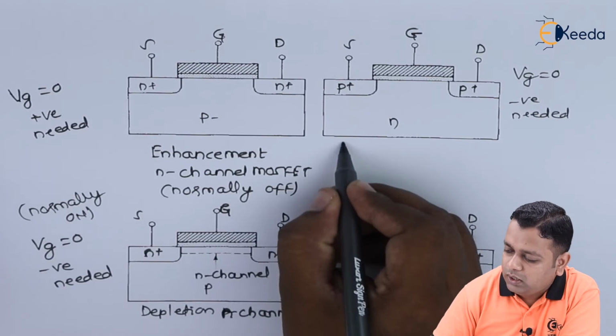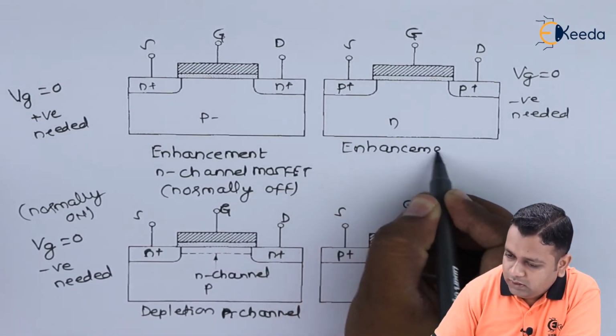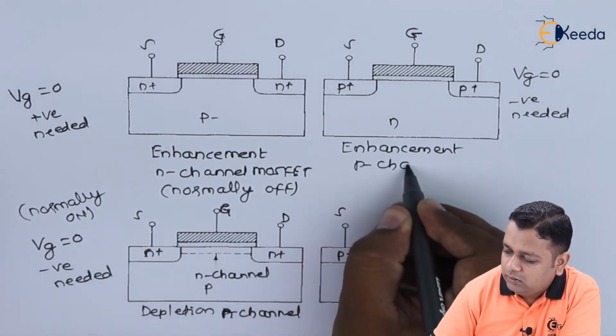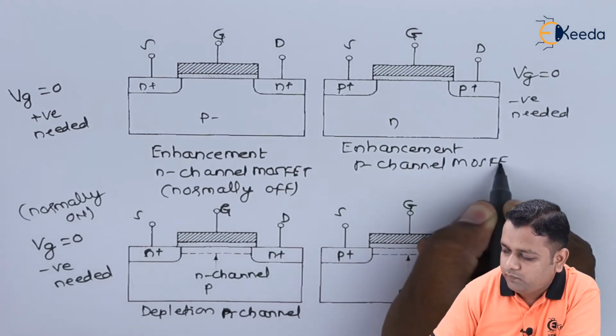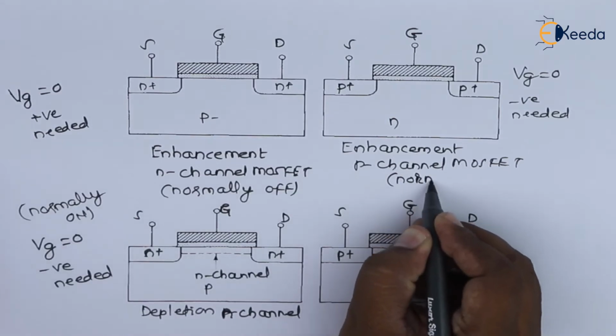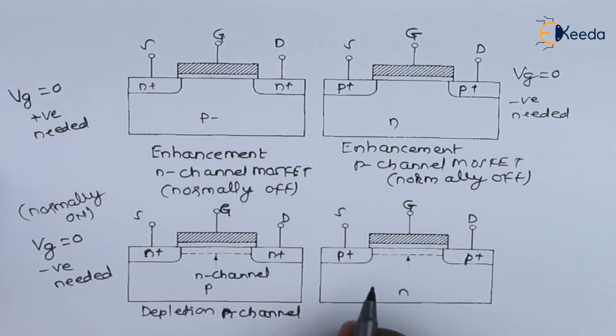So this will be called as enhancement type of the P channel MOSFET here. So here this is made first of all normally off condition here.